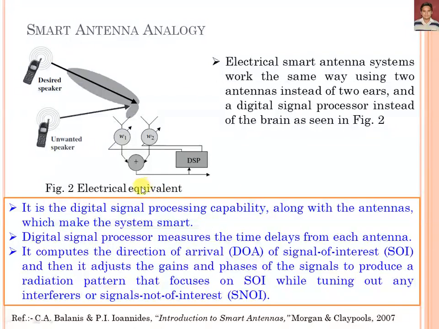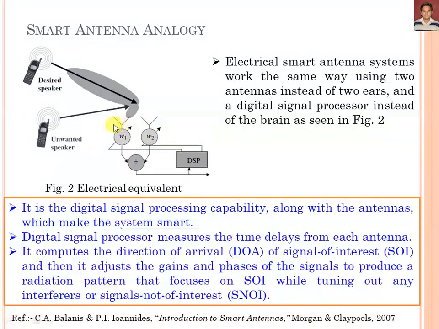The digital signal processor measures the time delays for each antenna. It computes the direction of arrival of the signal of interest. This is important in the case of smart antenna: it computes the direction of arrival of the signal of interest, then it adjusts the weight, gain and phase of the signals to produce a radiation pattern and focus on the signal of interest.